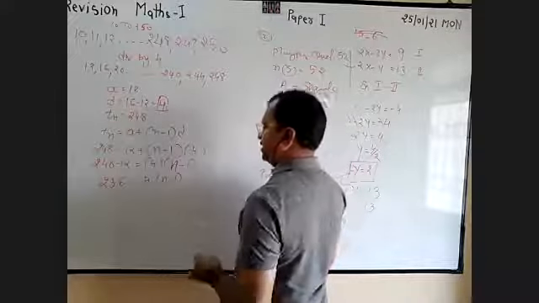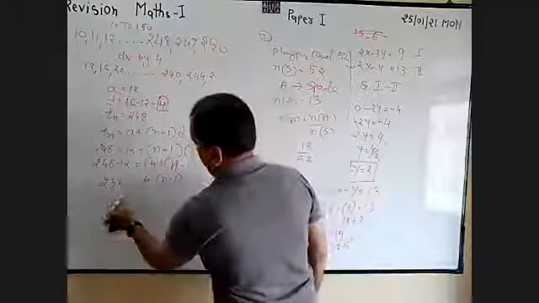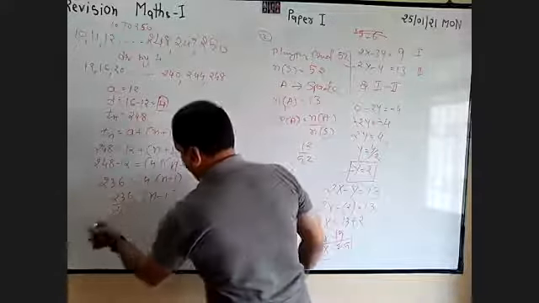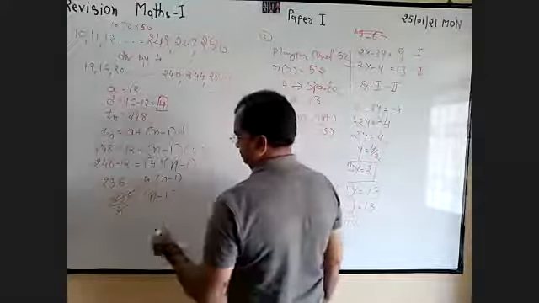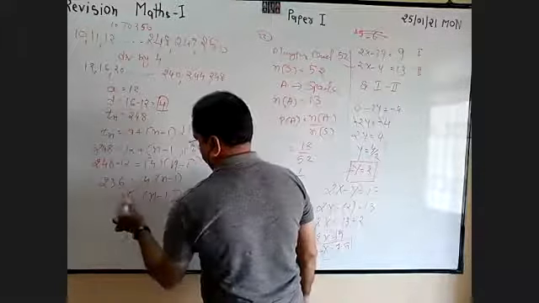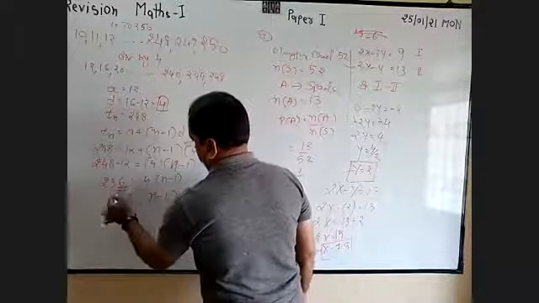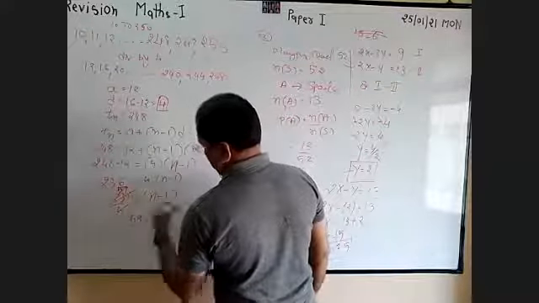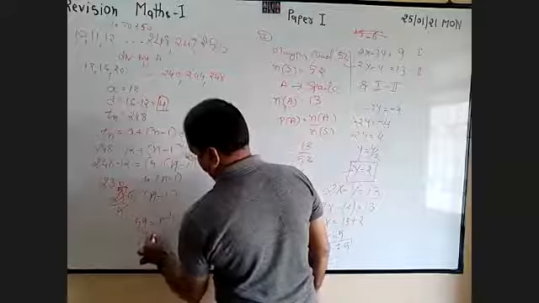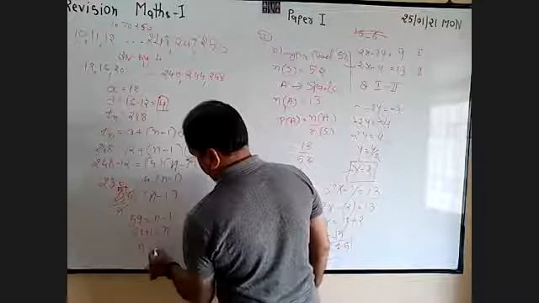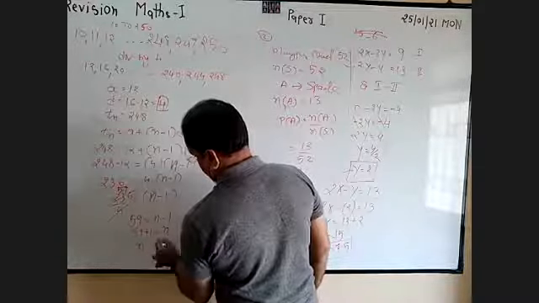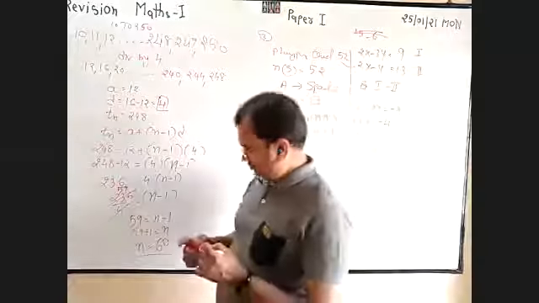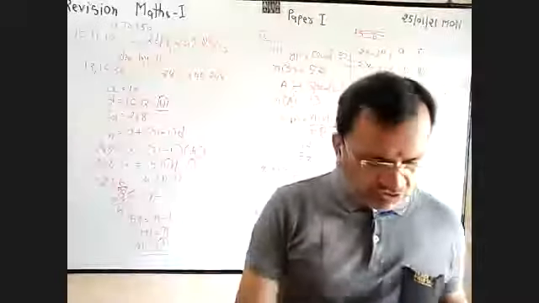Always you will get a round figure. Sixty is the answer.